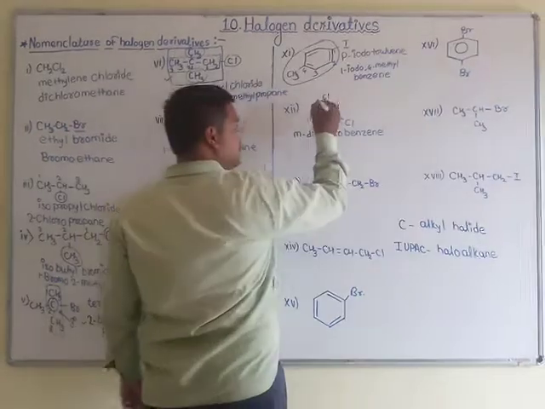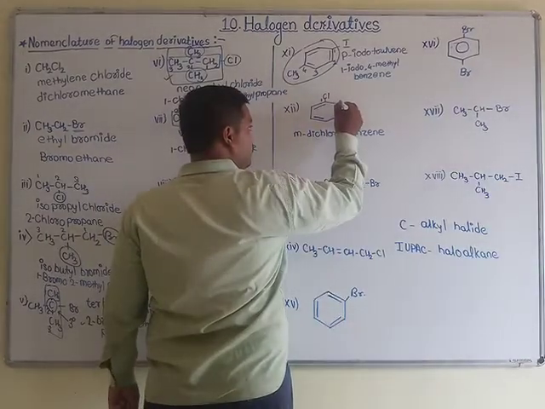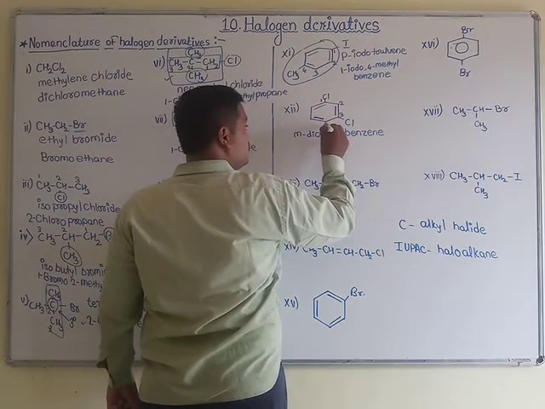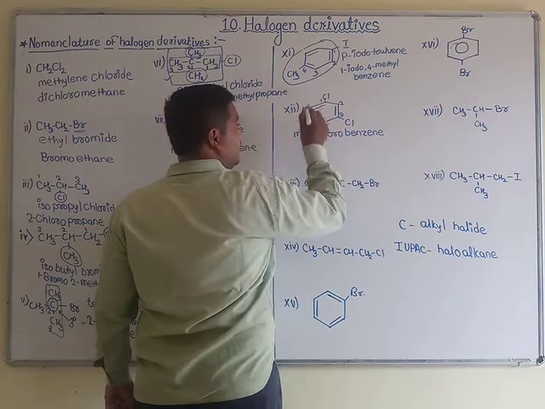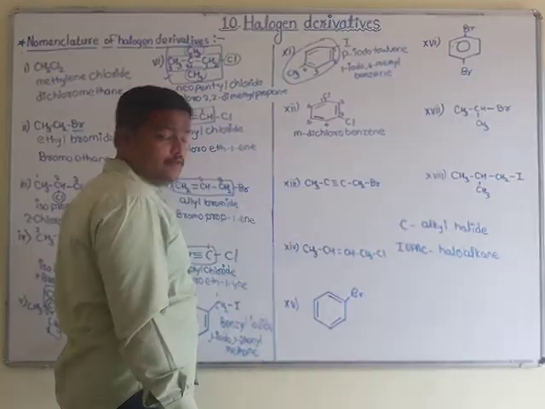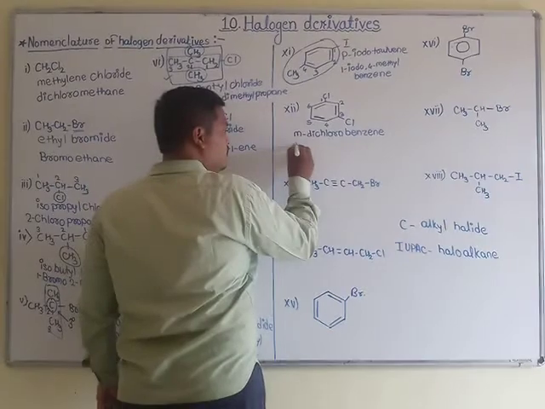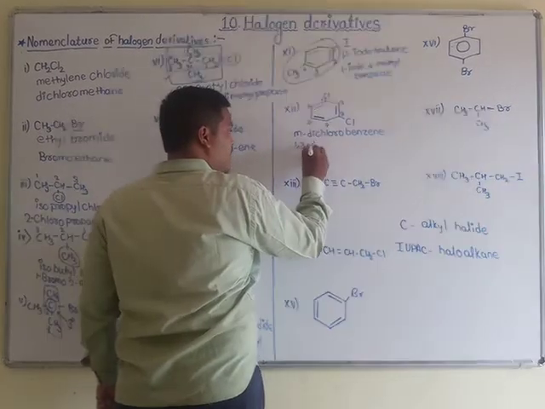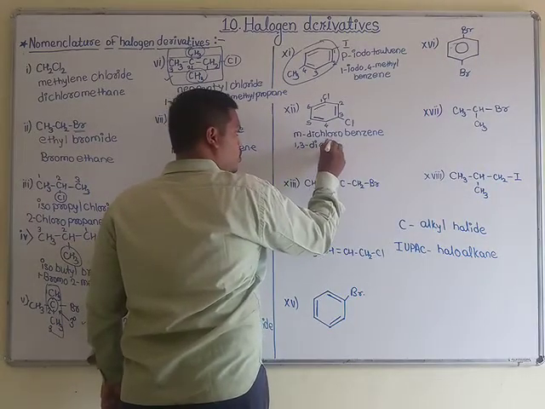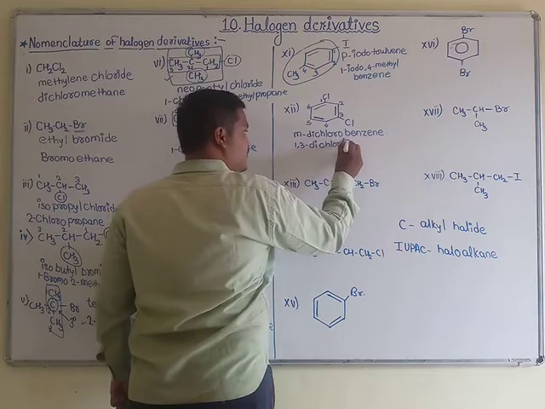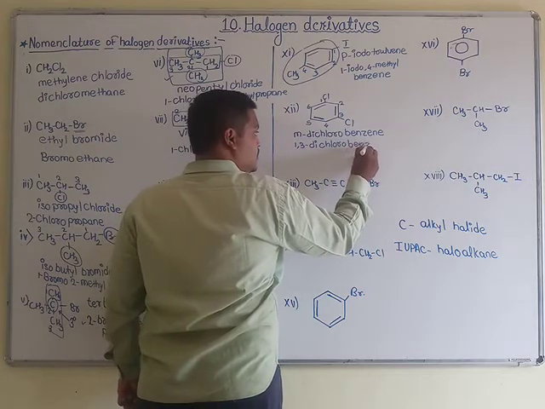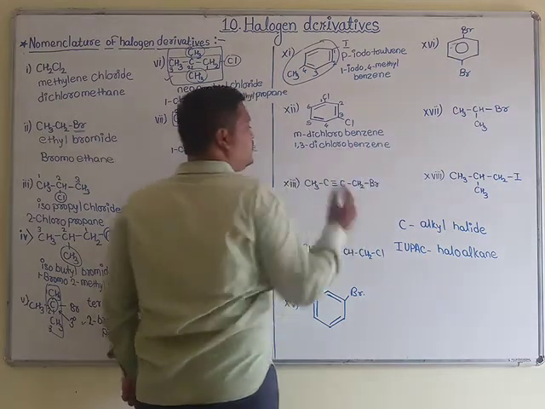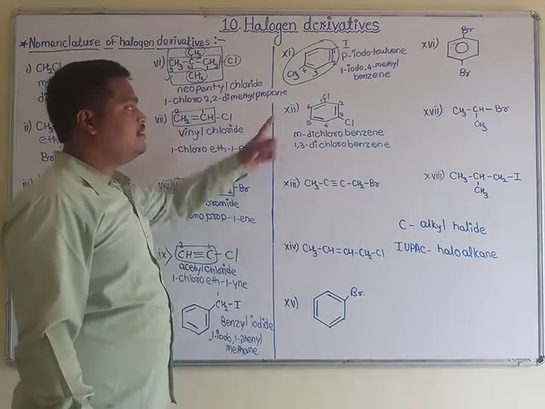To give the IUPAC name, numbering starts from the first chlorine and ends at the last carbon. Means 1,3-dichlorobenzene is the correct IUPAC name for this 12th compound.